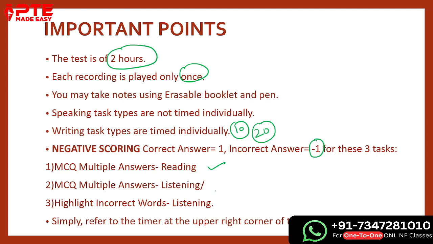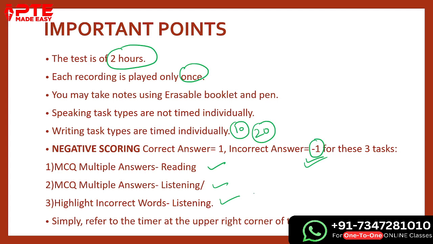So I would suggest you focus on these tasks in such a manner that you do not commit any mistake. Only attempt these three tasks if you are 100% sure of the answer. Otherwise, it's better to skip it because nobody wants -1. It's better to get a 0 than -1.